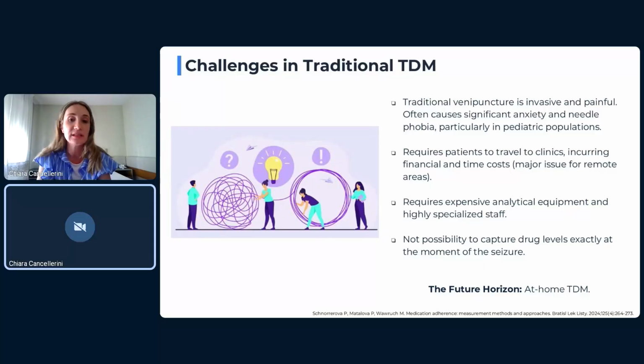There is also a timing problem because, as we know, drug levels fluctuate during the day, and a single hospital blood draw only provides a snapshot, so it doesn't reflect the patient's real-world daily exposure. And this is why TDM in the future can shift to decentralized at-home sampling, to monitor patients at the exact moment of the seizure.